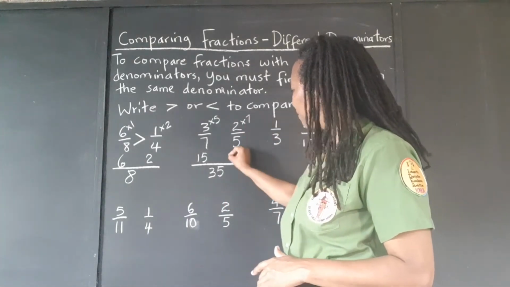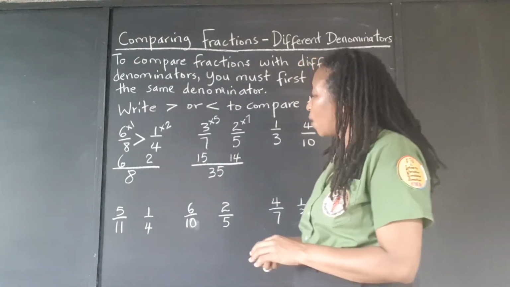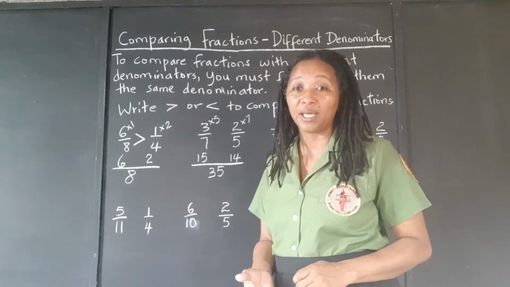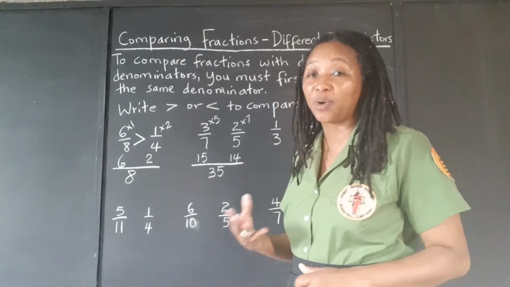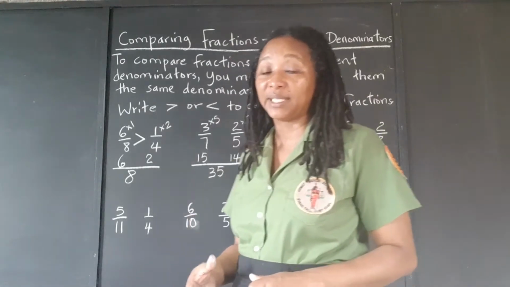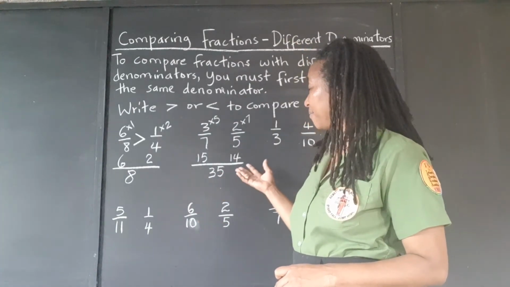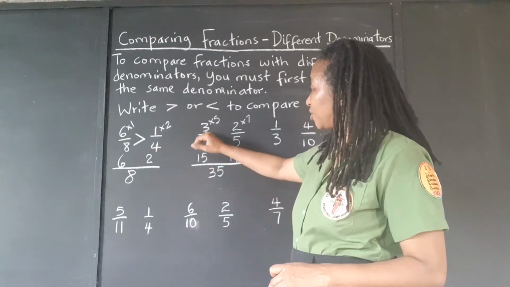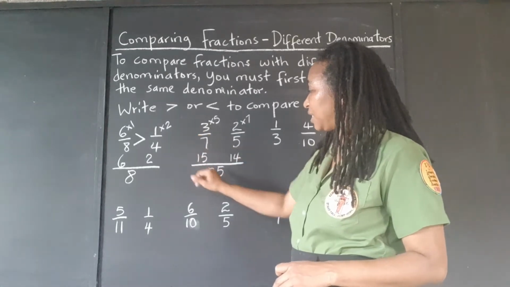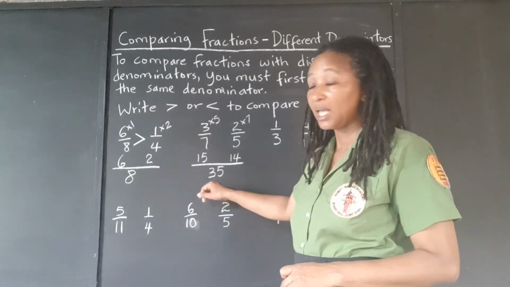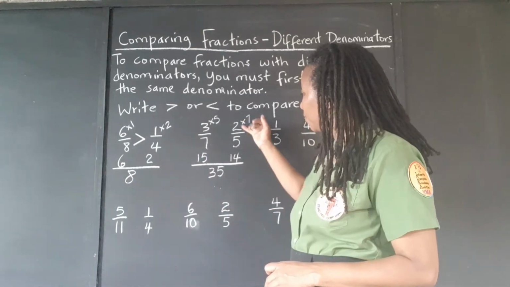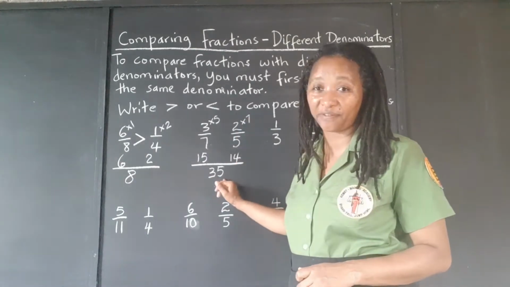So what we have done, really, is created equivalent fractions that have the same denominator, so we can compare. An equivalent fraction for 3/7 is 15 over 35. An equivalent fraction for 2/5 is 14 over 35.